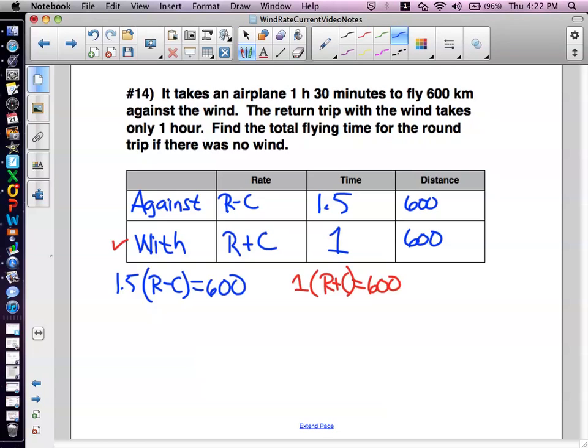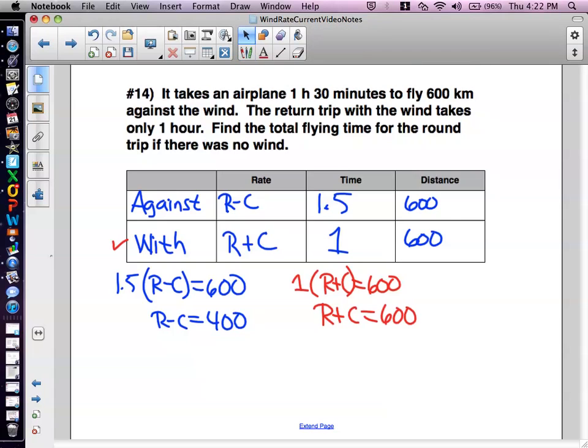So dividing 600 by 1.5, I end up with r minus c equaling 400. And then the other equation, very straightforward. And so this becomes my system. So I have a simple little system here to solve. And I'll just go ahead and put the blue equation underneath the red one and we'll solve it.